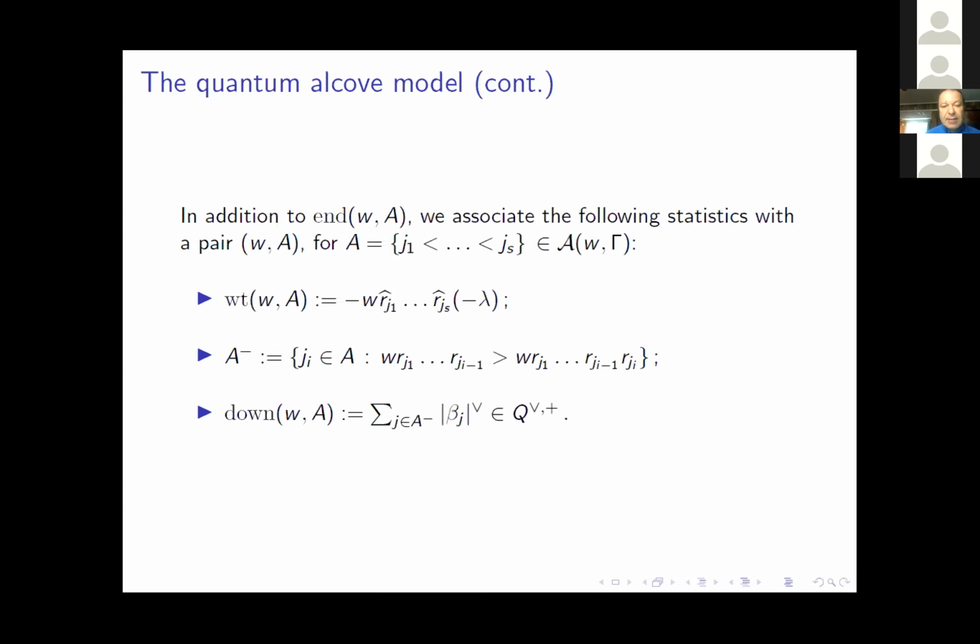Then another statistic, down of (w, A), is obtained by summing the appropriate positive roots, denoted by beta bars. The absolute value of beta is just the corresponding positive root, in case the root is negative; actually the coroot. We just sum those coroots, made positive, in the places where we have down steps.